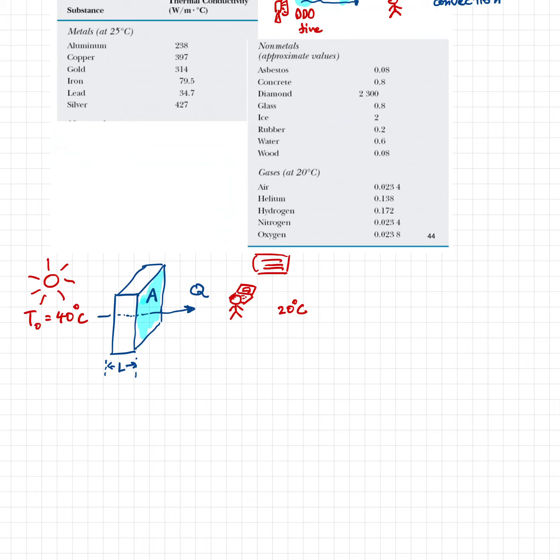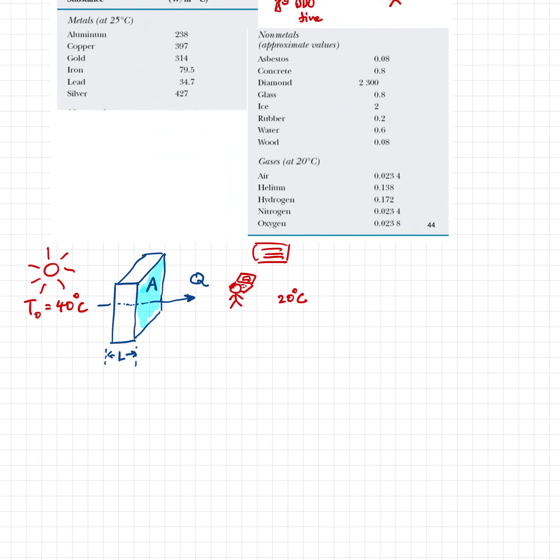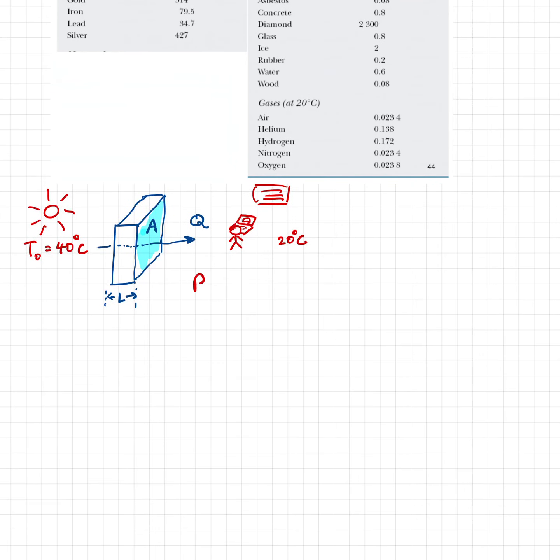Okay, so let's say we have these two things, and the other thing that's going to influence the value of Q is the difference of the temperature between outside and inside, right? So all of these together, we can write something like this. So we can write P, which is the power.